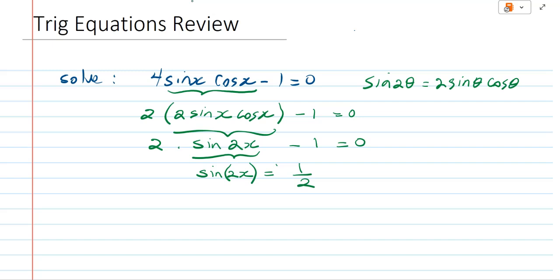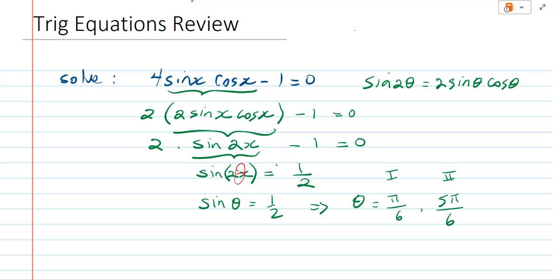So sine of theta equals half. Theta will be in the first or second quadrant, and that is pi over 6, and the next one is 5 pi over 6. First quadrant, second quadrant, and you can use your CAST to get that.